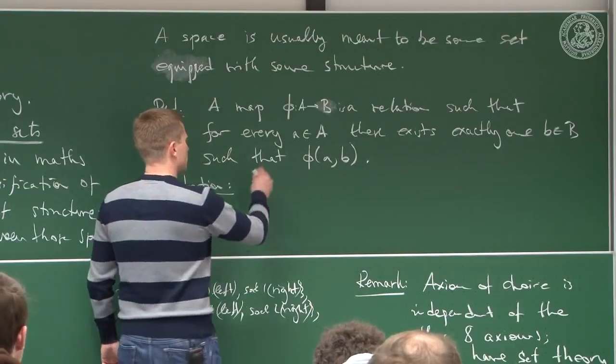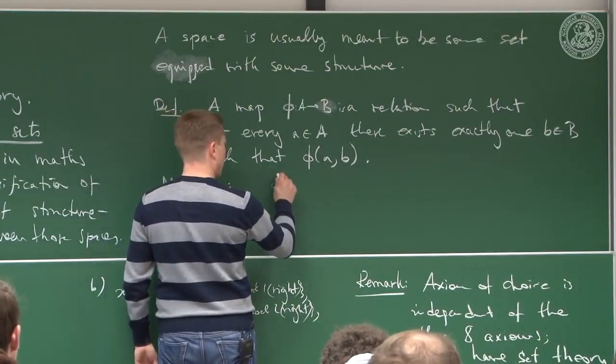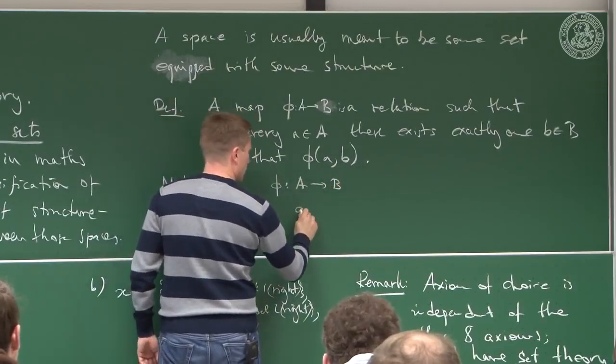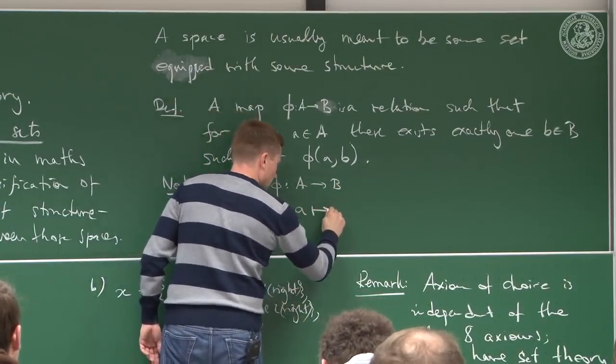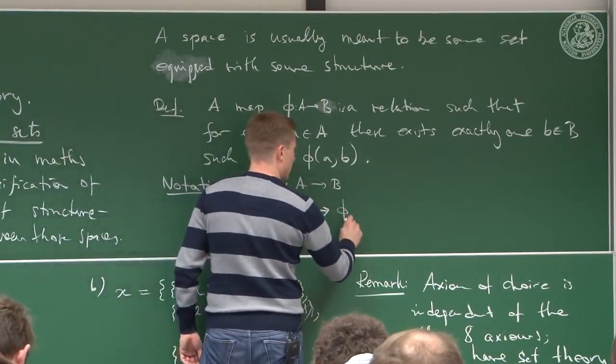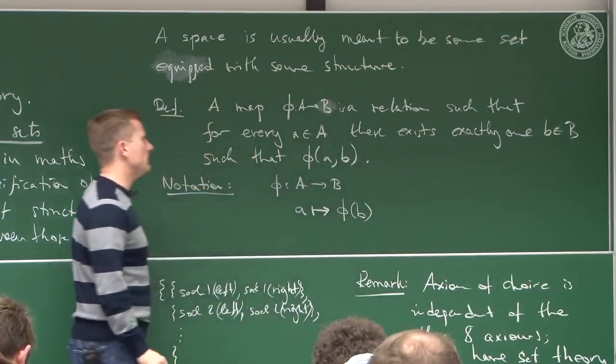The standard notation for this is to write phi from A to B and then to write a maps to, the value a in A, we assign the value phi of a in B.